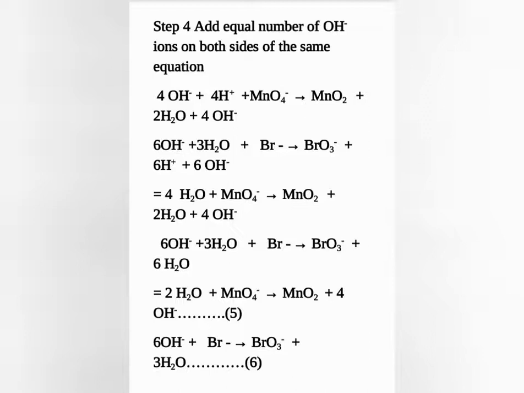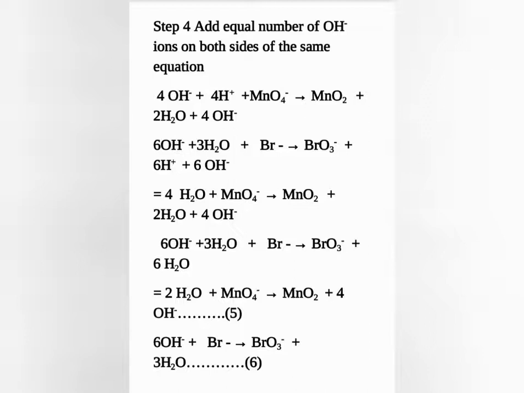So we can remove 2H2O and the left hand side will have only 2H2O. Similarly, in the second half equation we have 3H2O on the left hand side and 6H2O on the right hand side. So we can remove 3 water molecules and we will have 3H2O only on the right hand side of the second equation.